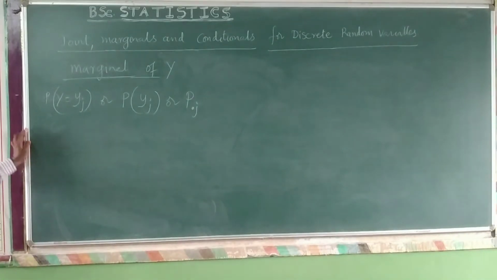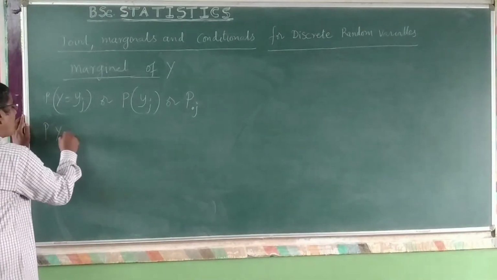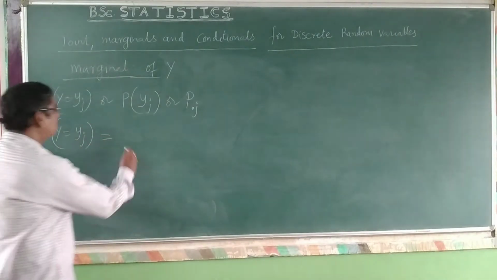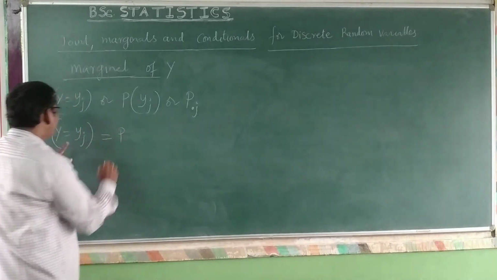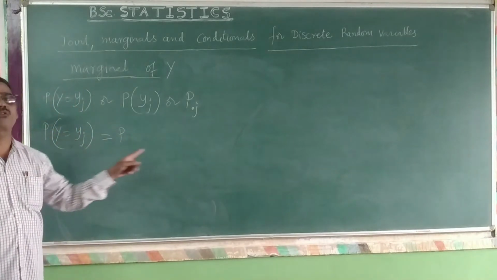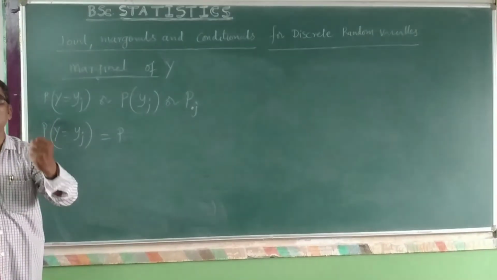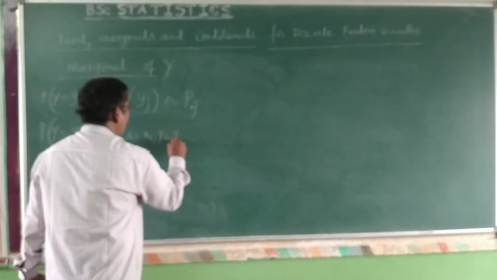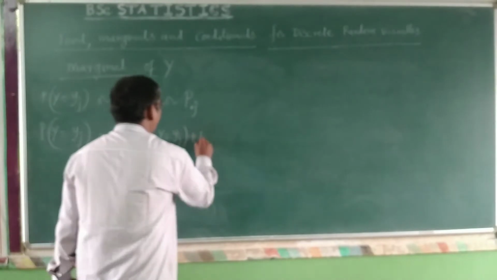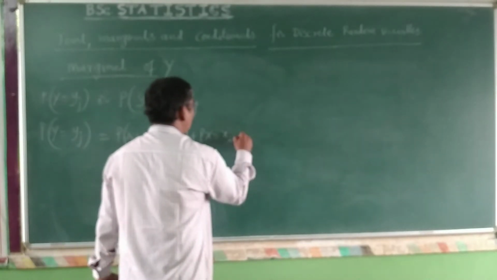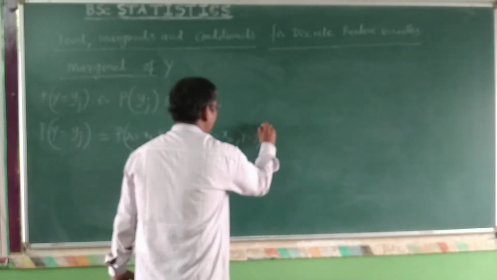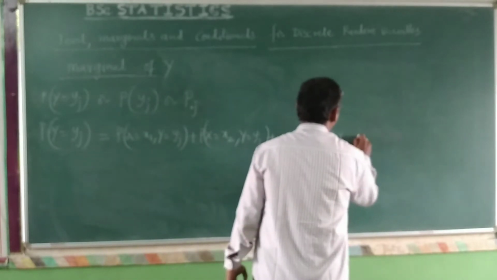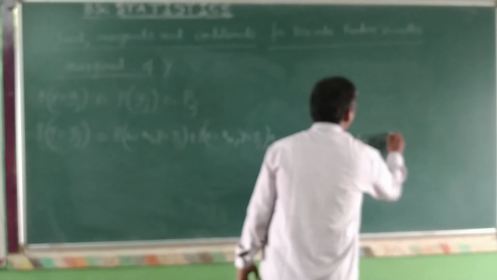where i is running. For example, if you want to write the formula or the definition, it is going to be specified as y is equal to yj, for which you have to consider all the values of x. That is, x is equal to x1 and y is equal to yj, plus probability of x is equal to x2 and y is equal to yj, plus and so on plus probability of x is equal to xm, y is equal to yj.